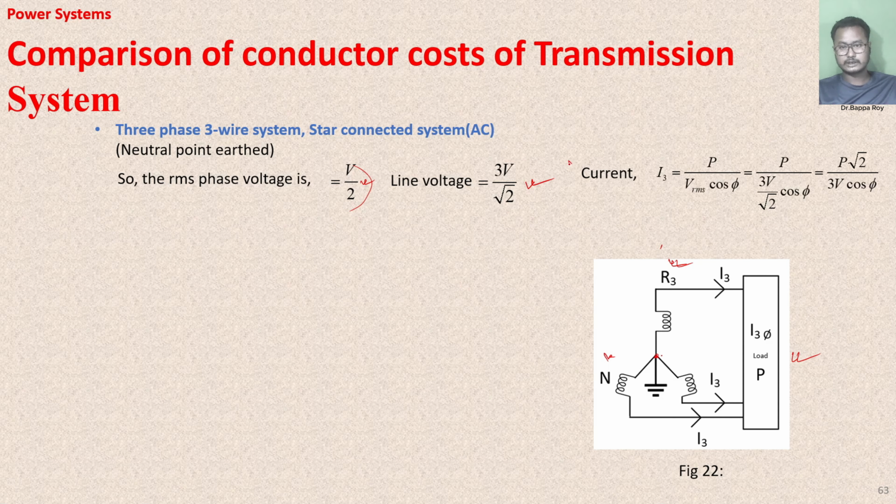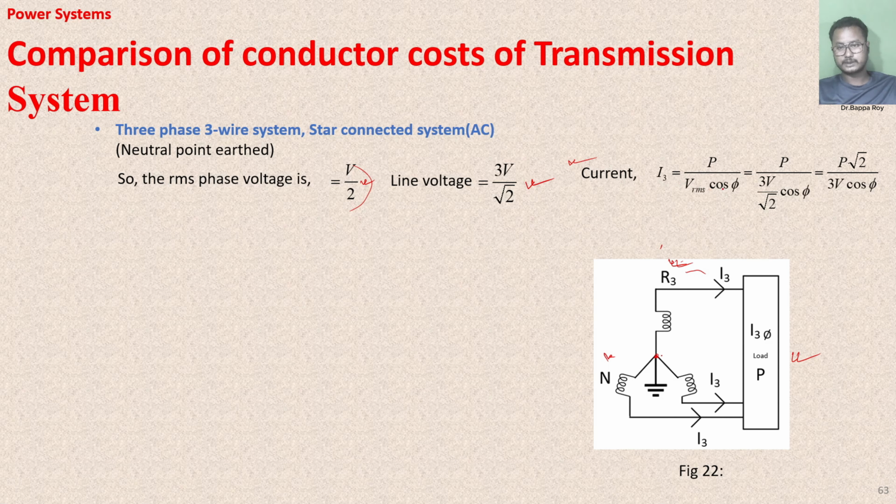So we'll first calculate the current flowing through it, I3. I3 is equal to P by, that same formula I'm not writing, same formula P is equal to V into I. From there we are calculating I3 here. I3 is equal to P by VRMS cos phi.